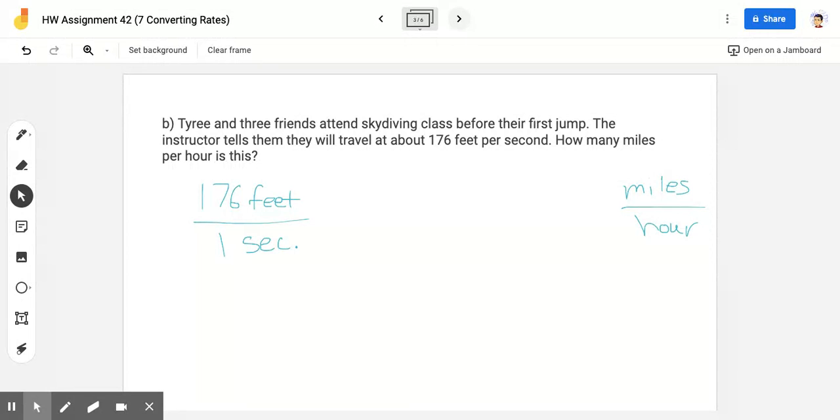All right, so here's how I could figure this out. Feet to miles, we should know 1 mile is equal to 5,280 feet. So here's what I would multiply it by: 1 mile over 5,280 feet.